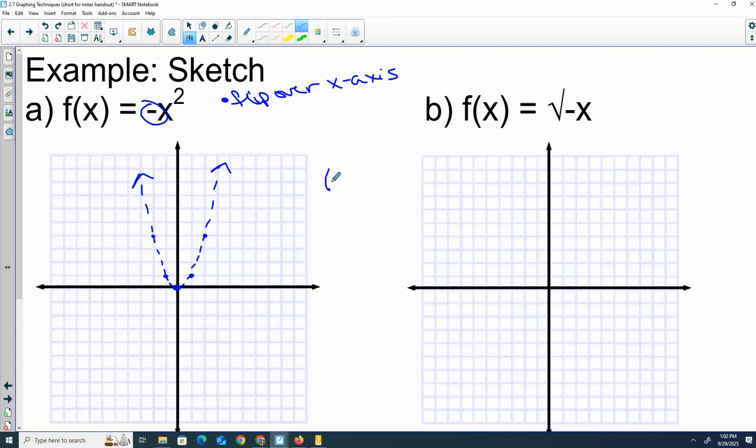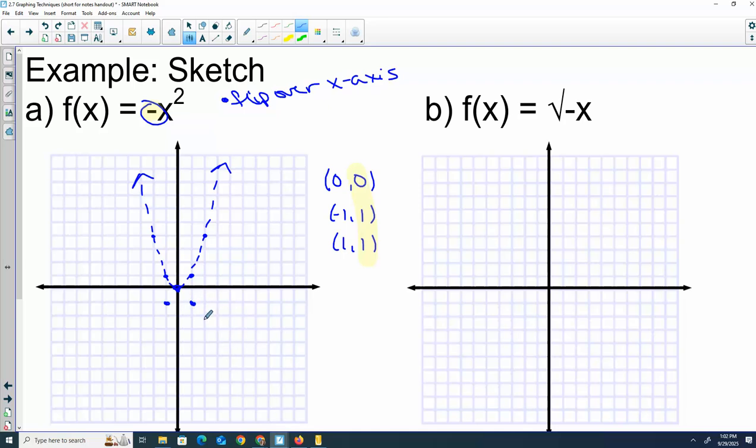If you prefer though, you can still use that strategy we were talking about with the ordered pairs. Okay, at least while you're getting used to it. Negative outside changes y, it's just changing those signs. So we still have 0, 0. Negative 1, negative 1. 1, negative 1.